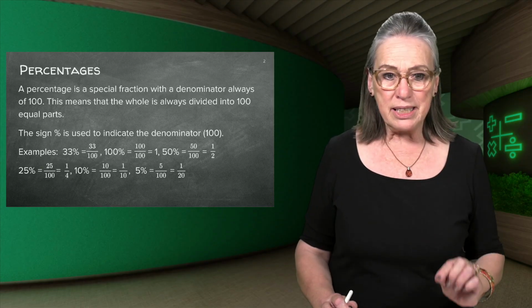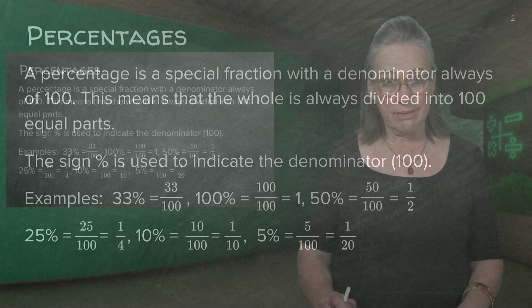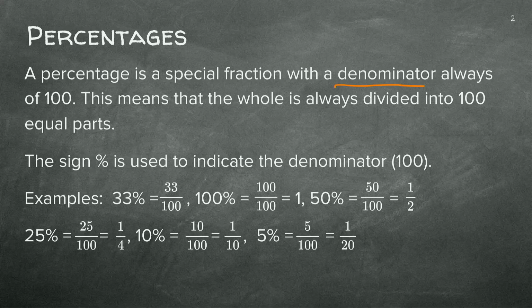A percentage is a special fraction with a denominator always of 100. So this means that the whole is always divided into 100 equal parts. Remember, way back in the first or the second lesson, we discussed equal fractions.